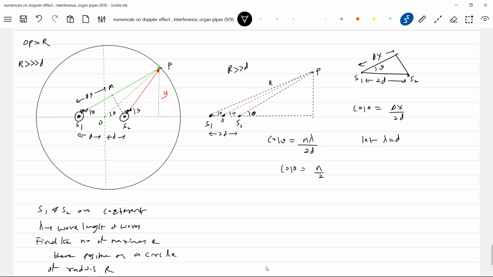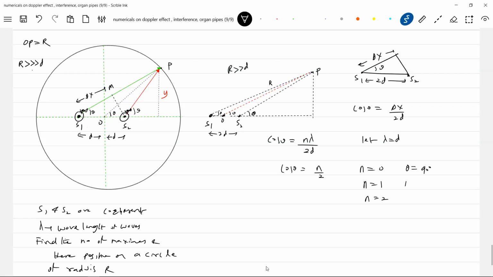What are the possible values of n? For n equal to 0, theta will be 90 degrees. n equal to 1, n equal to 2. If you put n equal to 0, cos theta equals 0, so theta should be 90 degrees.